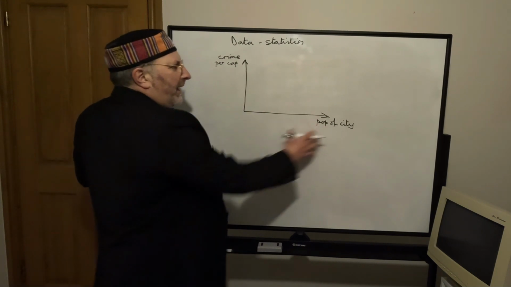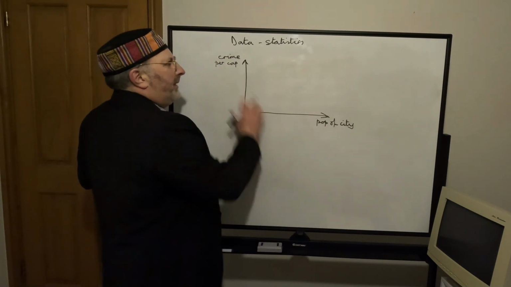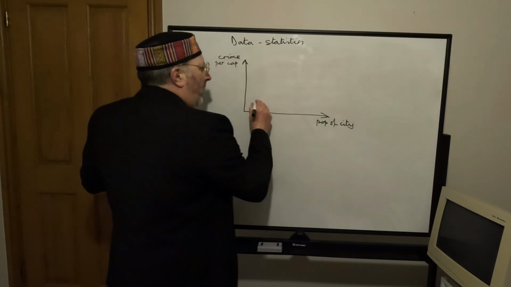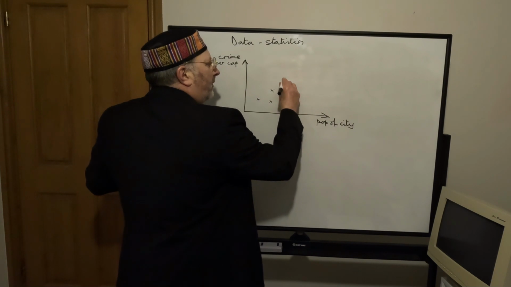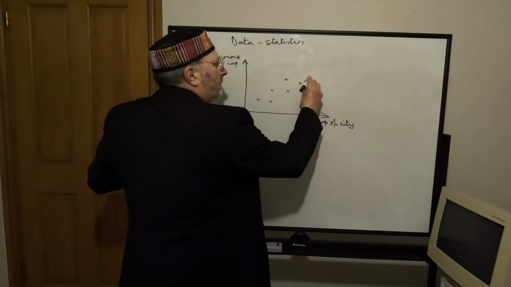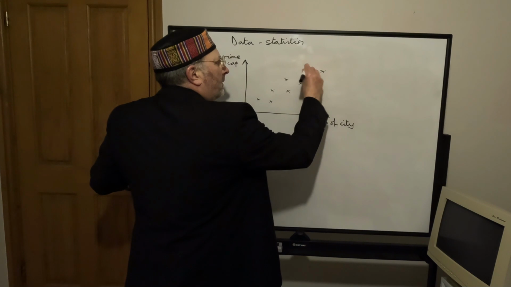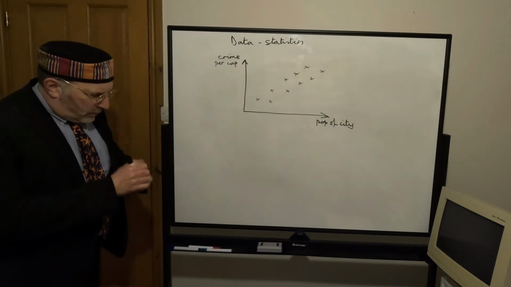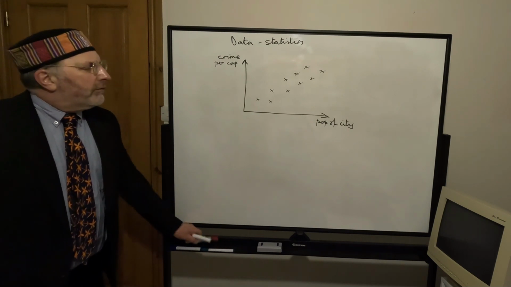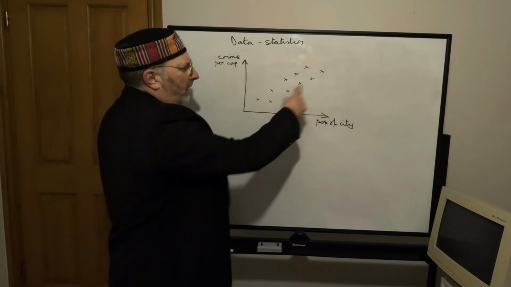So we would take a lot of cities, look at their populations and their crime statistics, and plot them on a chart, a scatter plot or an XY chart. And we might get something like that. We could say, it certainly looks like there's some kind of trend here.